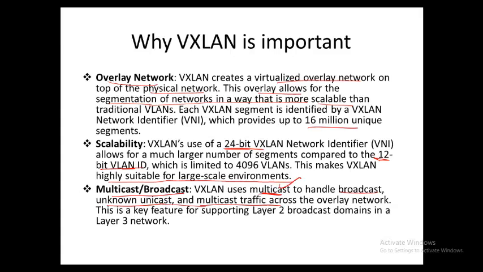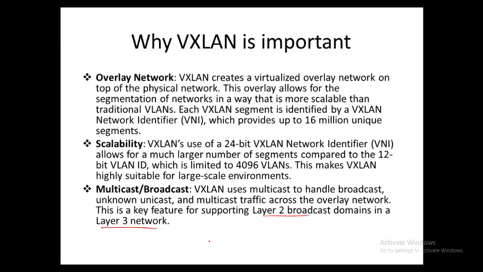And it is using multicast in order to support a layer 2 broadcast domain in a layer 3 network. Usually, layer 3 networks will never allow layer 2 broadcast to pass through, isn't it? Layer 3 routers will never allow layer 2 broadcast. Not possible, right?